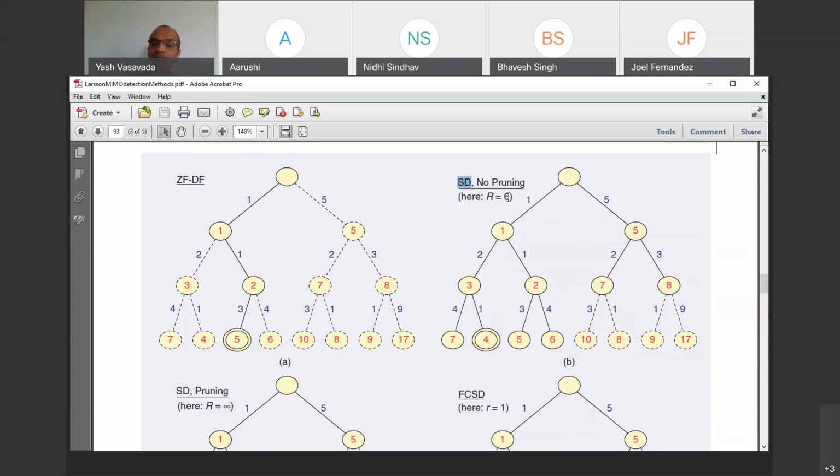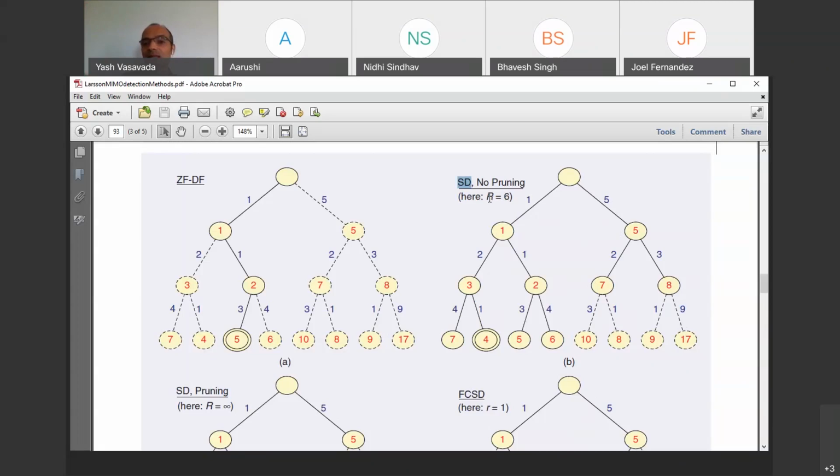And now within that sphere, if I can trap even one point, then I can be sure that that point which is trapped inside the sphere is going to be closer to the received vector compared to all the points which are outside of the sphere. And so I don't need to do the evaluation for any point which doesn't fall inside the sphere. That is the idea behind sphere decoding.